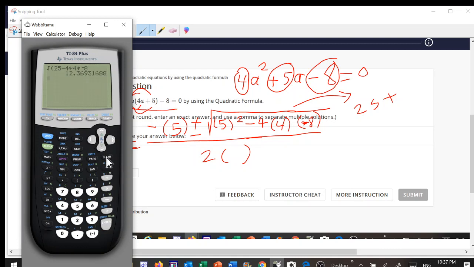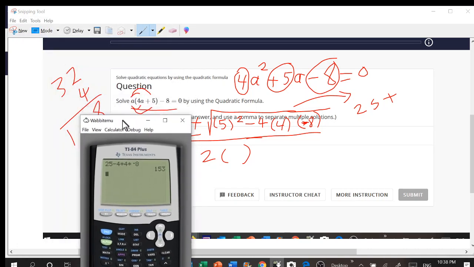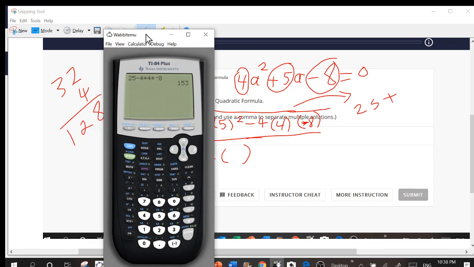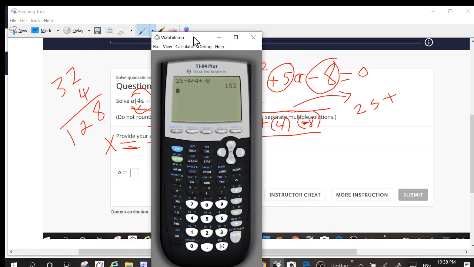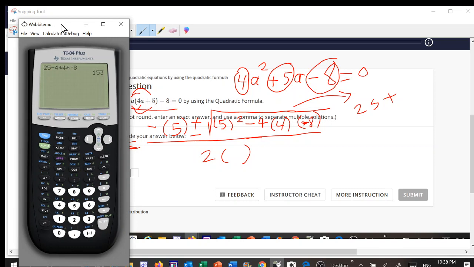Now, obviously this is not a round number, so let's just do inside the radical first. 25 minus 4 times 4 times negative 8, which is 153, right? Which is 153. And 128 plus 25, of course, if you did it by hand, would get 153.